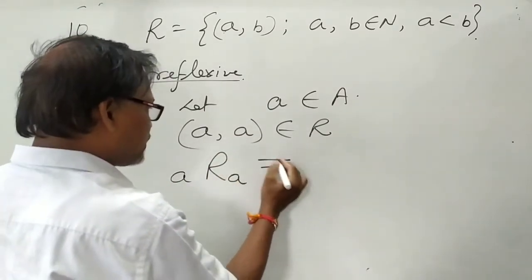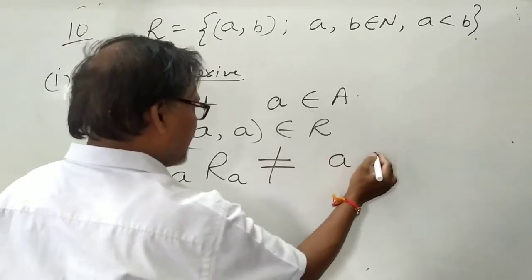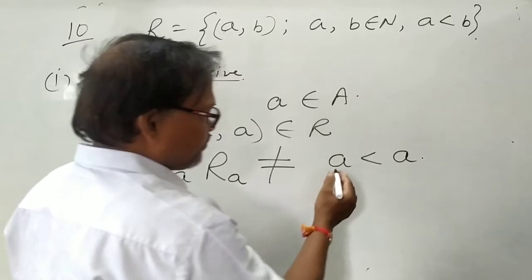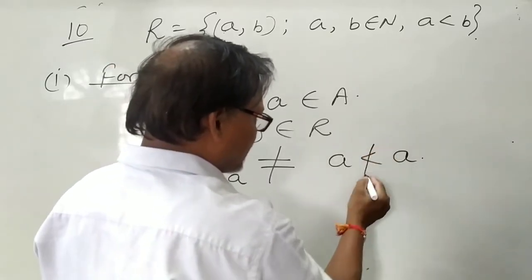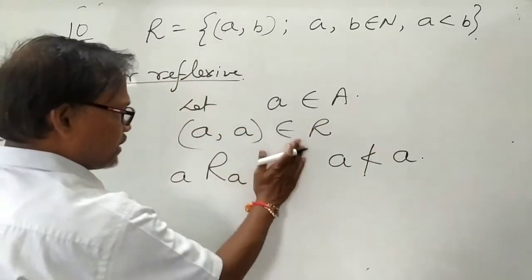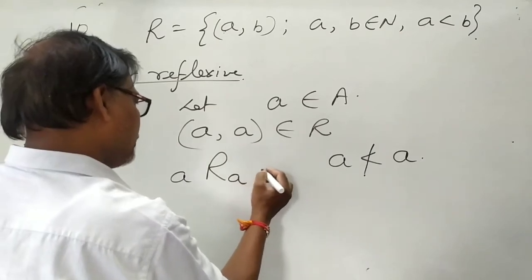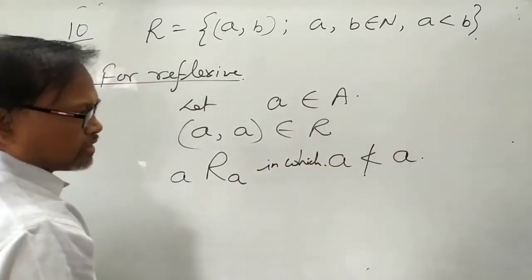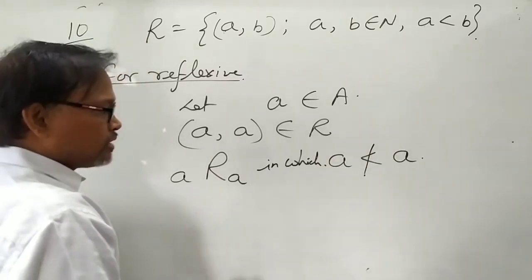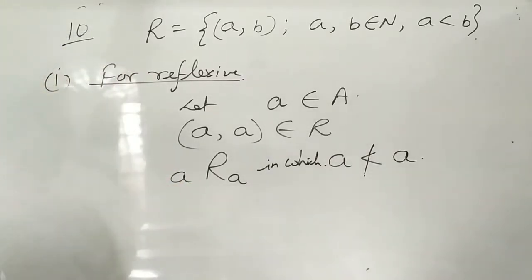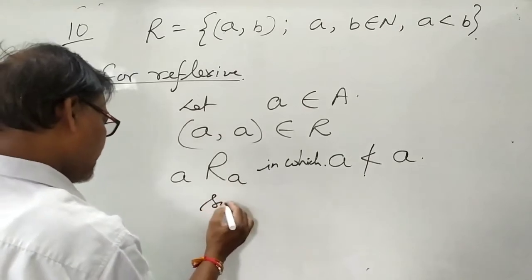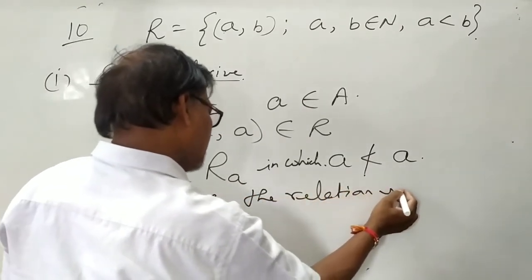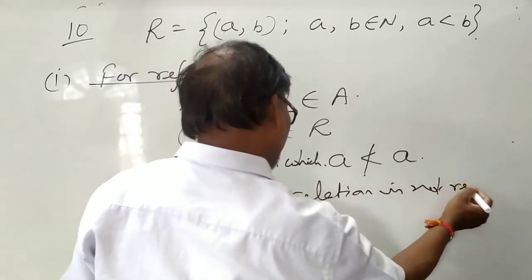That is not satisfying a is less than a. मतलब ये satisfy नहीं कर रहा है. a is not less than a. Therefore, this relation is not reflexive.